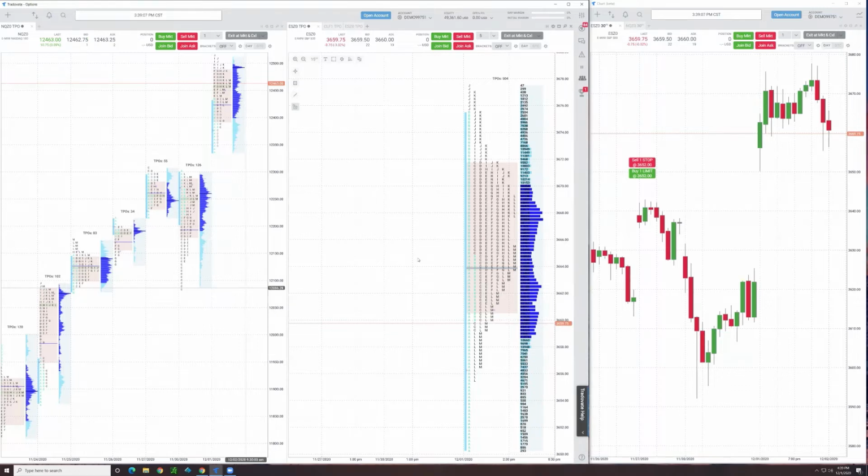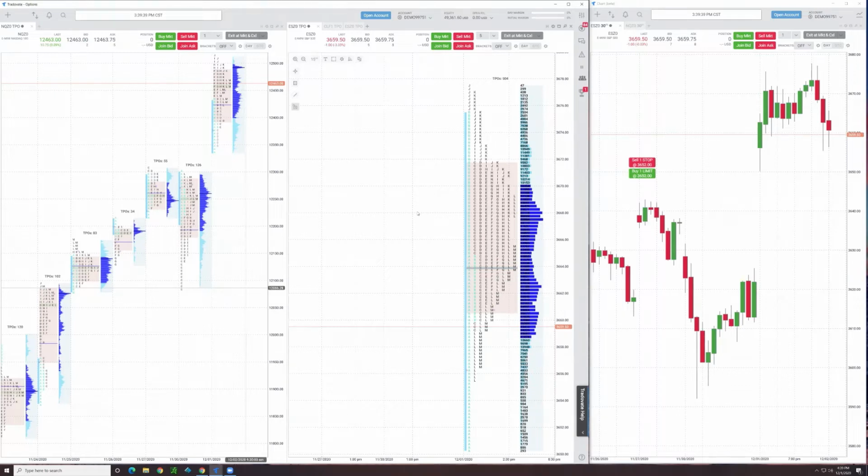I don't know if you've ever heard the term auction market theory. TPO charts really represent the auction. When you hear auction market theory, a lot of times you should think of TPO charts, because the whole idea is that it's helping you understand the auction and see how price is running up and down, backing and filling, and creating a profile.